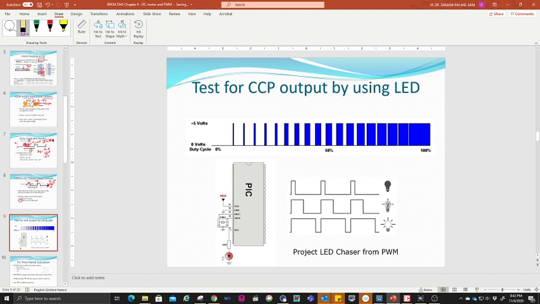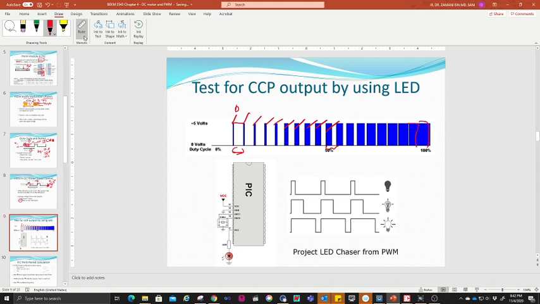So this is the period here, and this is your duty cycle. Same goes to here, here, here. You can see that the duty cycle is getting bigger and bigger, right? This is around 50%. You can see that this is 100%, which means the whole period is actually full.